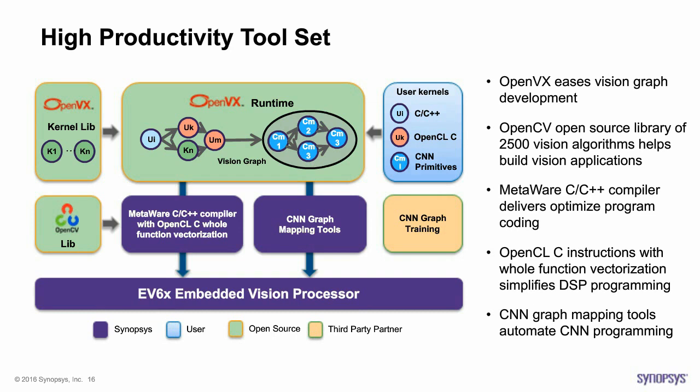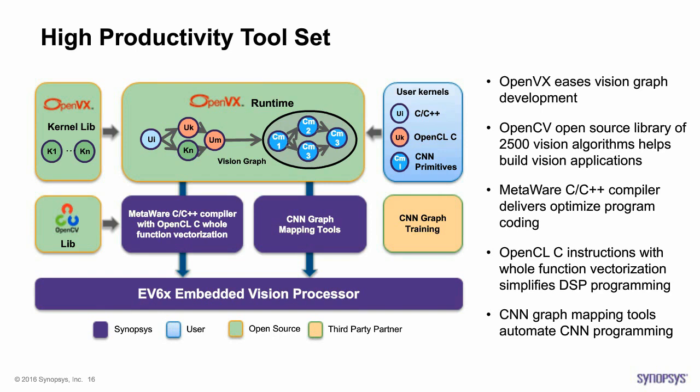But you build a vision graph with the OpenVX runtime, which is a collection of kernels that can come from a number of different sources. We fully ported the OpenVX kernel library, which is 43 kernels that have been ported and optimized for the EV6X family.